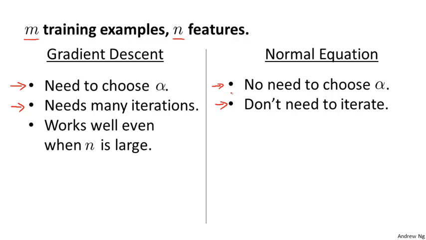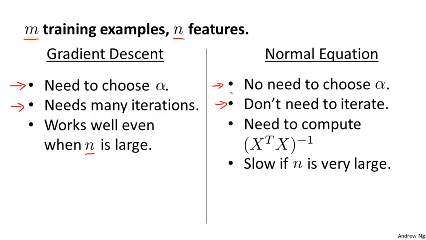Gradient descent works pretty well even when you have a very large number of features. So even if you have millions of features, you can run gradient descent, and it'll be reasonably efficient, and it'll do something reasonable. In contrast, the normal equation, in order to solve for the parameters theta, we need to compute this term, X transpose X inverse.